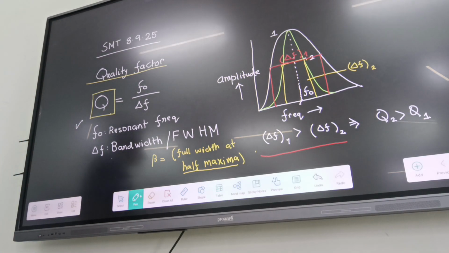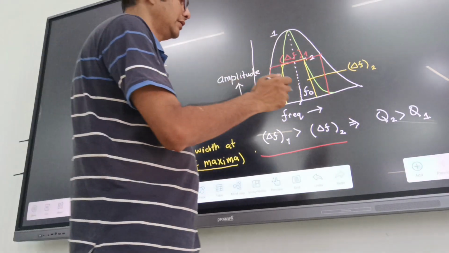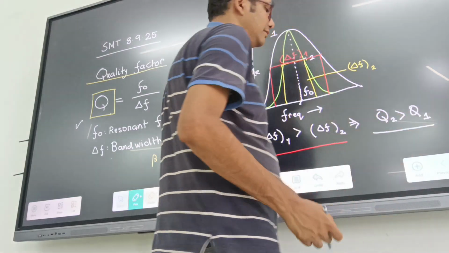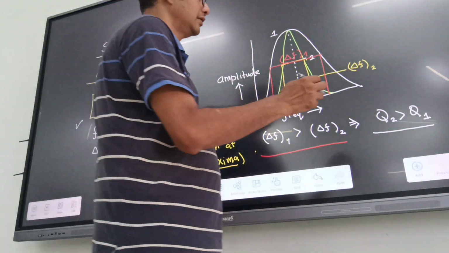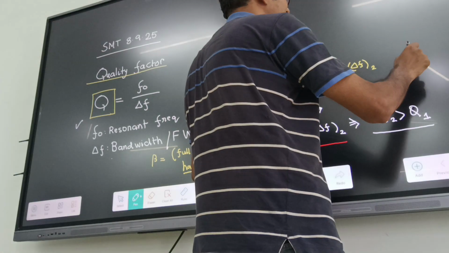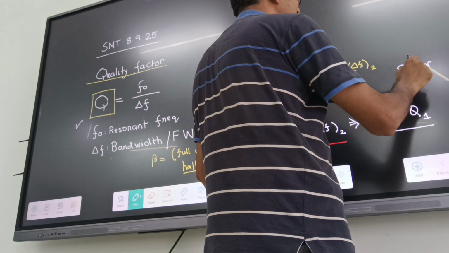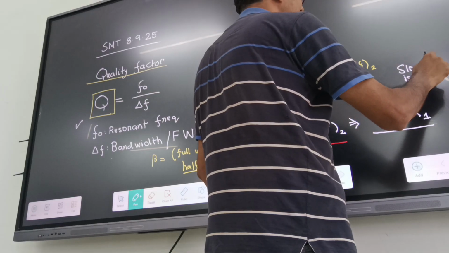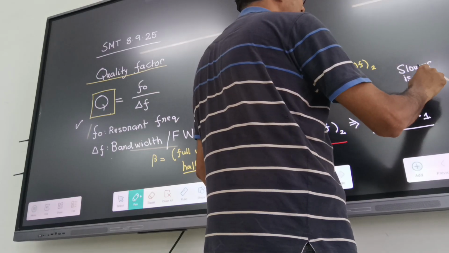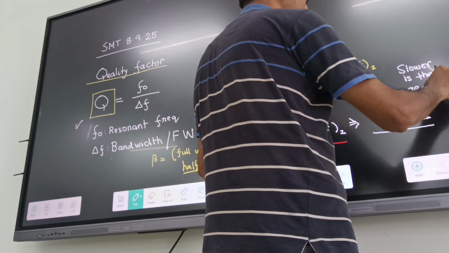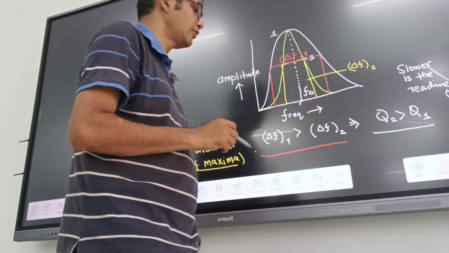But there is a problem in this. The problem is that the higher the Q factor, the slower is the reading. Why do you think the reading is slower?